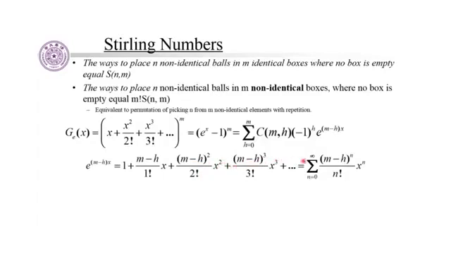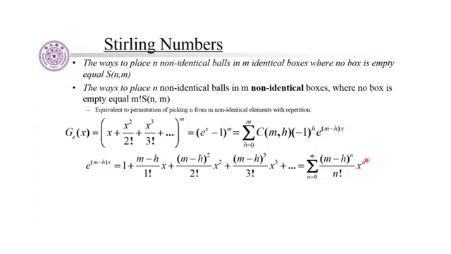Therefore, corresponding to the general term x^k divided by k factorial, the coefficient in front should be equal to (m-h)^k. Finally, we write it as the sum over n from 0 to infinity of (m-h)^n divided by n factorial, multiplied by x^n.